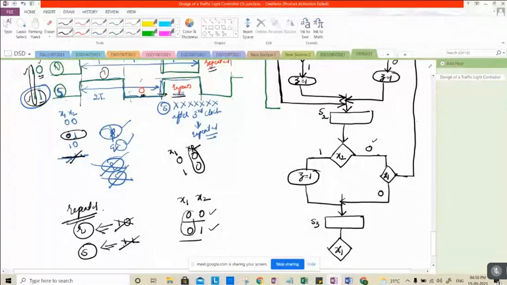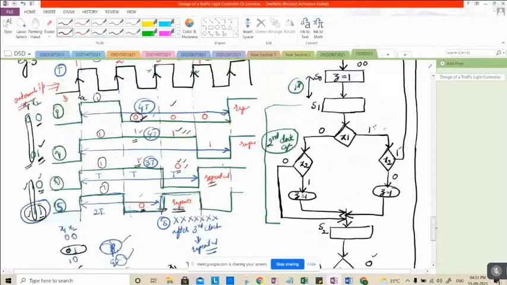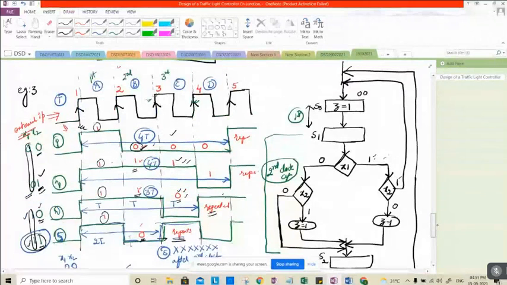Now do we need to take the x1? Is it required? Right, straight away we can do it with x2. Straight away we will do it with x2. If x2 is equal to 0, what is the output? 0.